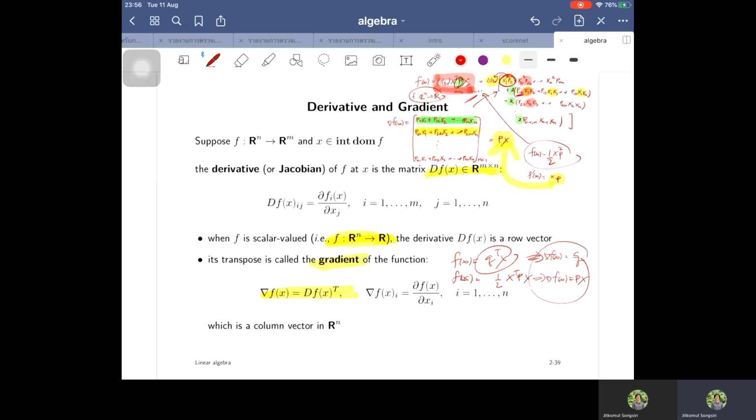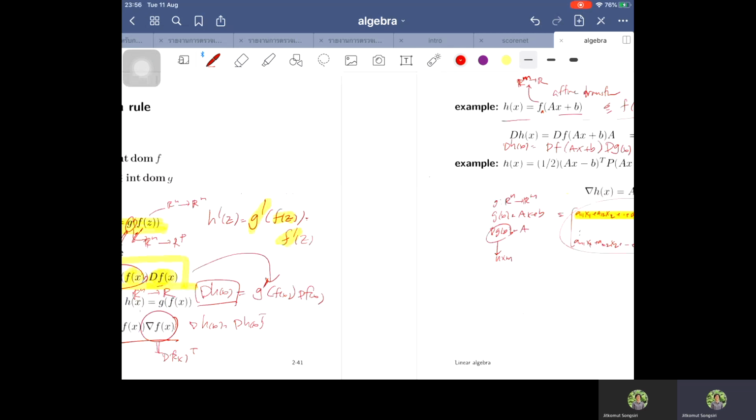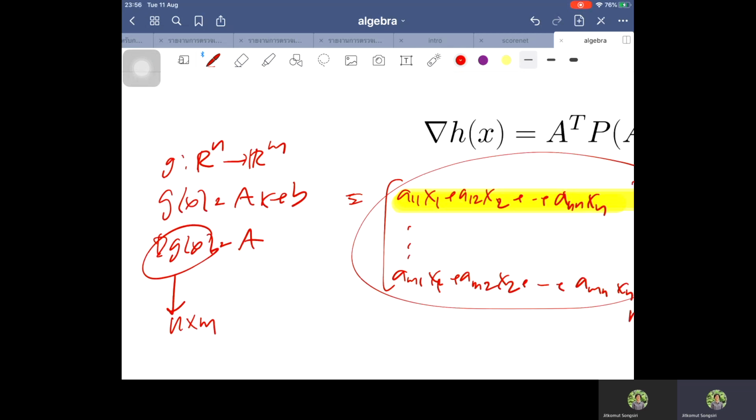I made a little mistake: because G maps from Rn to Rm, the Jacobian matrix is supposed to be m by n.